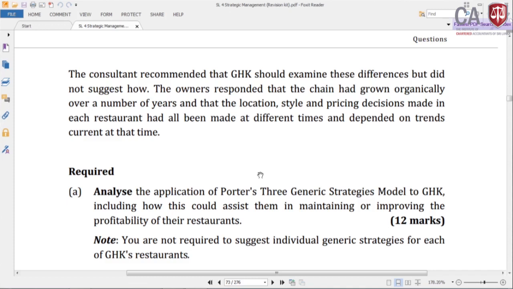So according to Michael Porter, what do you think? Can we apply cost leadership and differentiation simultaneously? Can't. You are stuck in the middle.